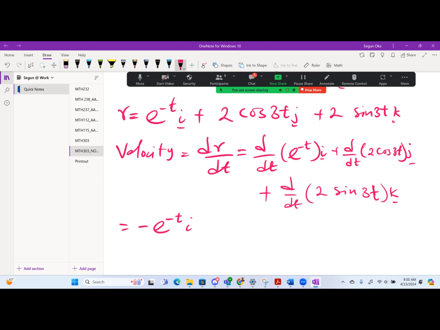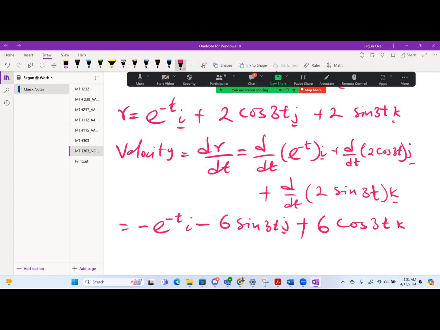It will be minus 6 sine 3t j. Then if I differentiate sine, it will be cos 3t, so 3 times 2 will give me 6 cos 3t k. So that is our velocity they asked us to calculate.